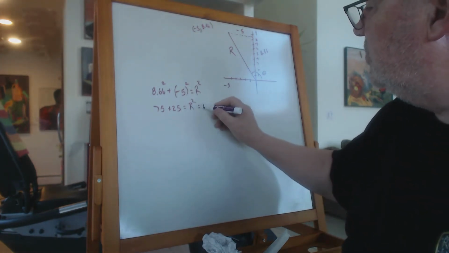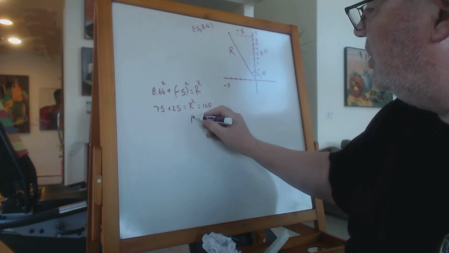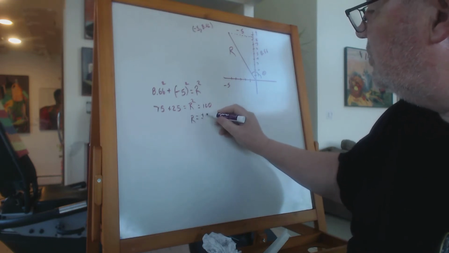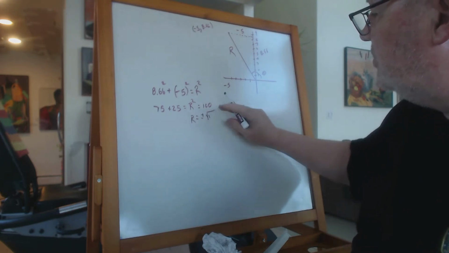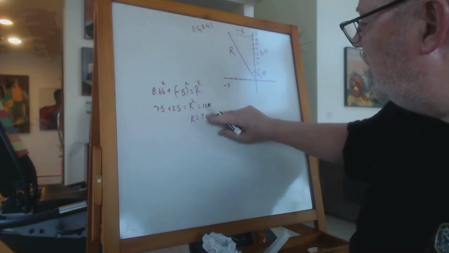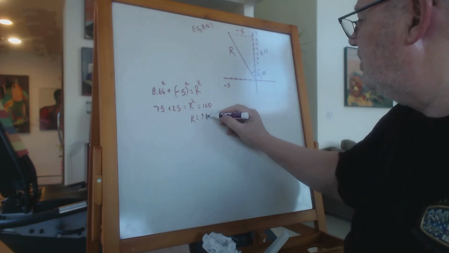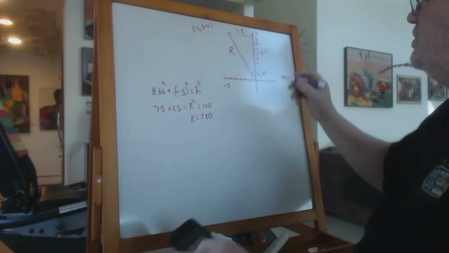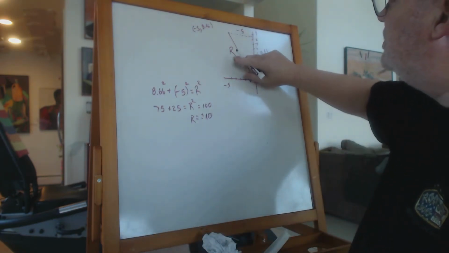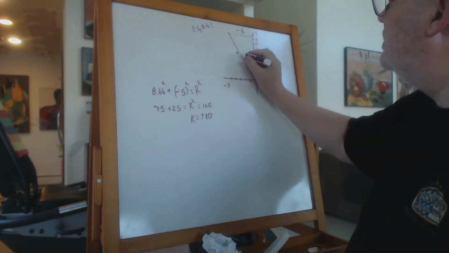That's equal to 100, so r equals plus or minus 10. Oops, I'm sorry, 10. So this is 10.